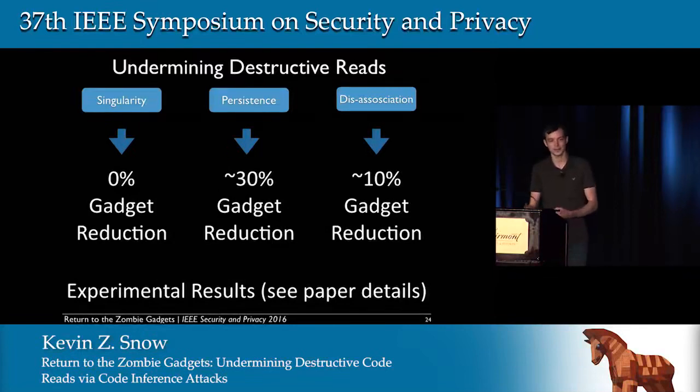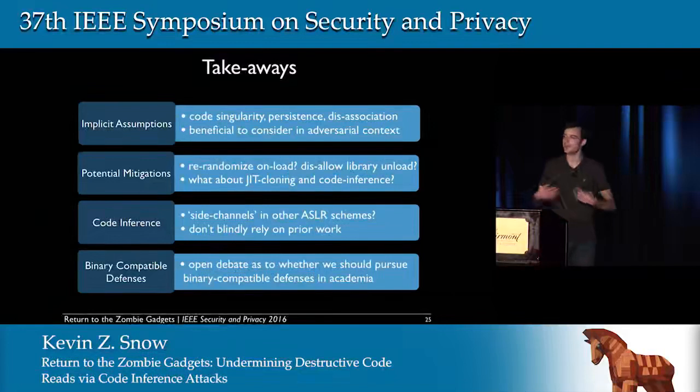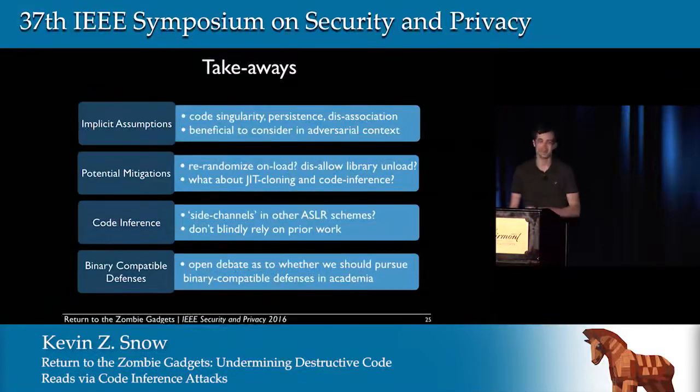In the code persistence implicit assumption, since we had to only avoid the gadgets that were executed during normal program benign execution, that accounted for only about 30% of the total gadgets we could disclose. And then combining all of our code inference techniques, we're able to disclose still 90% of the gadgets that were originally available. So I'm just going to leave a few high-level takeaways up here for you. I want to encourage you all to read the paper, and I'll take any questions now.